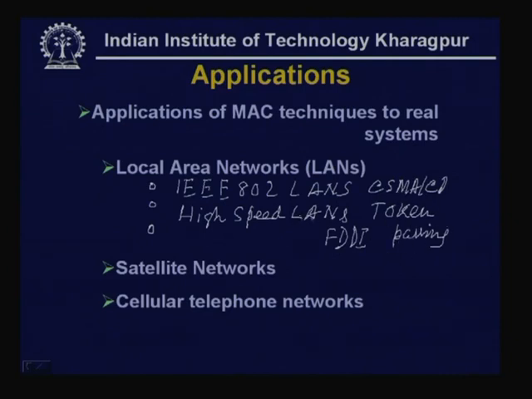So, in high speed LANs both CSMA CD and token passing protocols are used, and there will be another local area network, that is wireless LAN, where we shall find the use of the CSMA CA protocol. So, CSMA CA protocol will be used in wireless LAN.